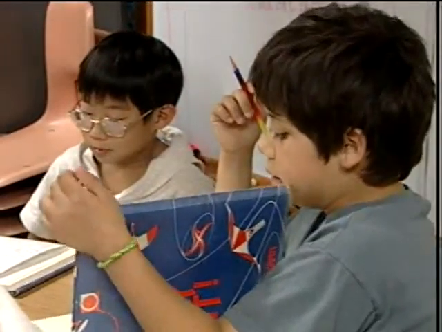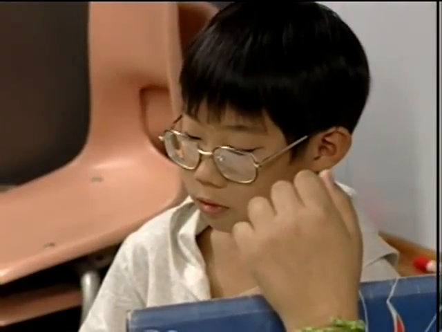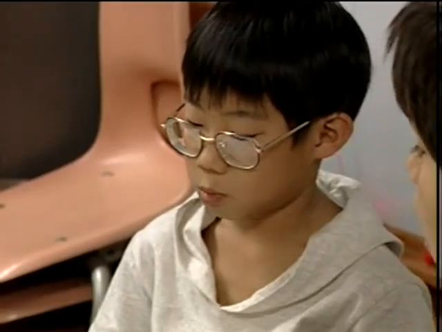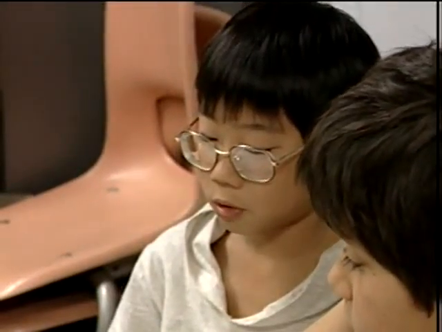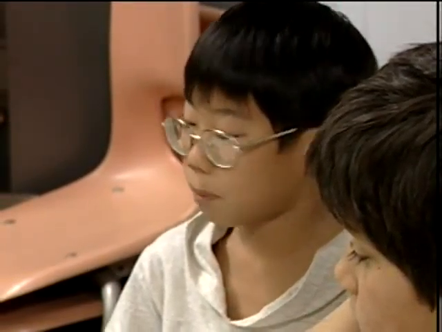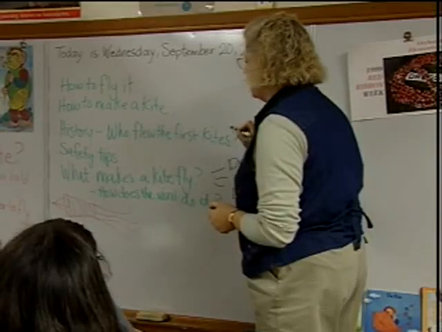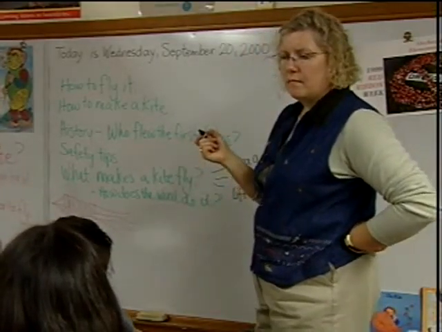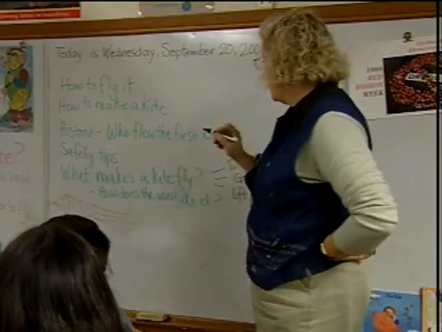What else did we find? I found about wind. What did you find out about the wind? Moving air or breeze or strong wind can blow objects upward. How does it blow objects upward? Who flew the first kites? Chinese. Chinese.